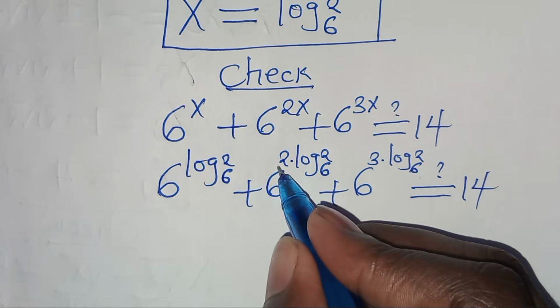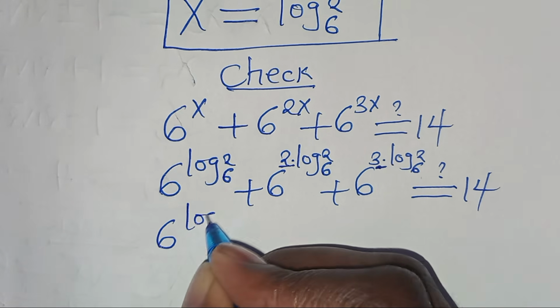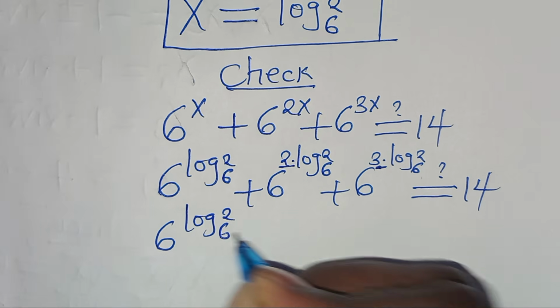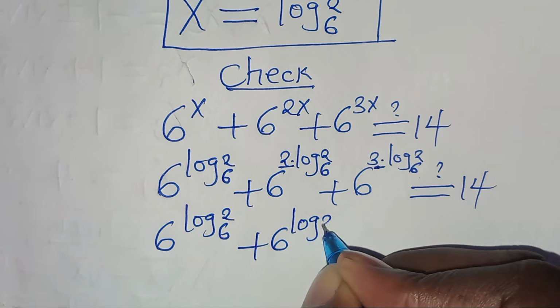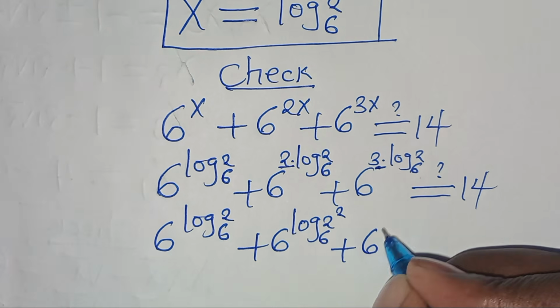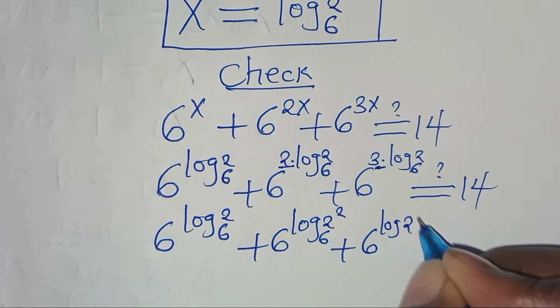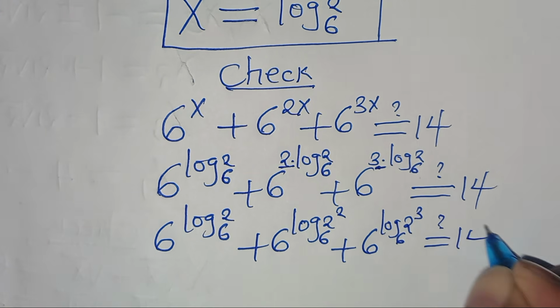Now, since 2 and 3 are powers, we have 6 raised to the power of log 2 to base 6, plus 6 raised to the power of log 2 squared to base 6, plus 6 to the power of log 2 to the power of 3 to base 6. This should give us a value of 14.